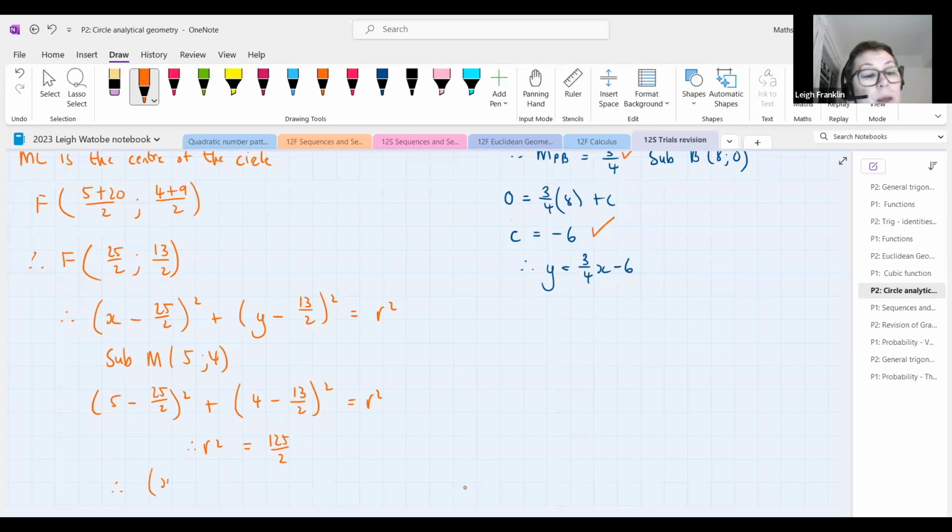So it would be x minus 25 over 2 squared plus y minus 13 over 2 squared equals 125 over 2.